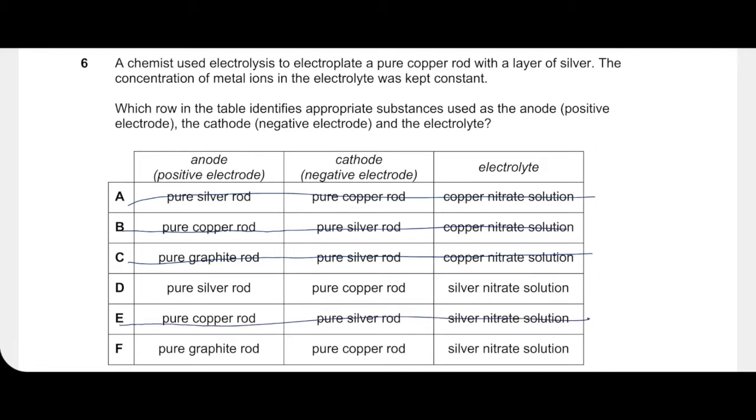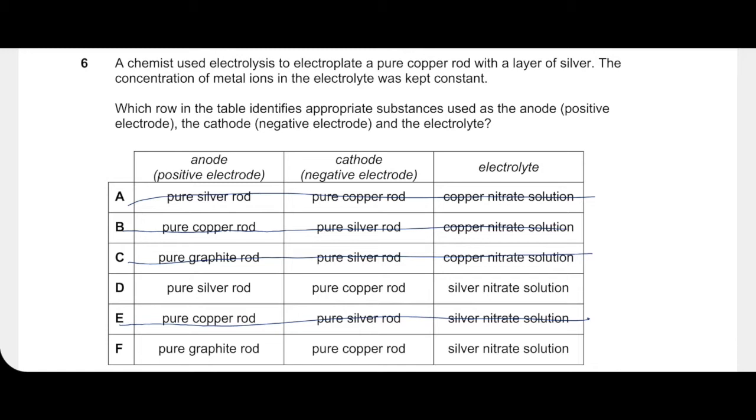Now, finally moving on to the anode, which is the positive electrode. The anode's purpose in this form of electrolysis is to replenish the silver ions in the electrolyte and provide electrons. So at the cathode, the metal ion can be turned into a metal by gaining an electron.